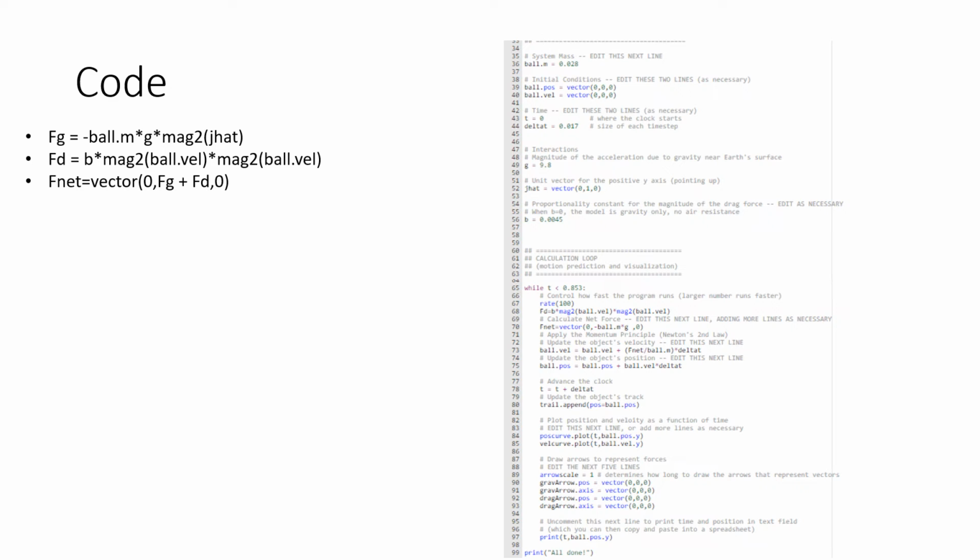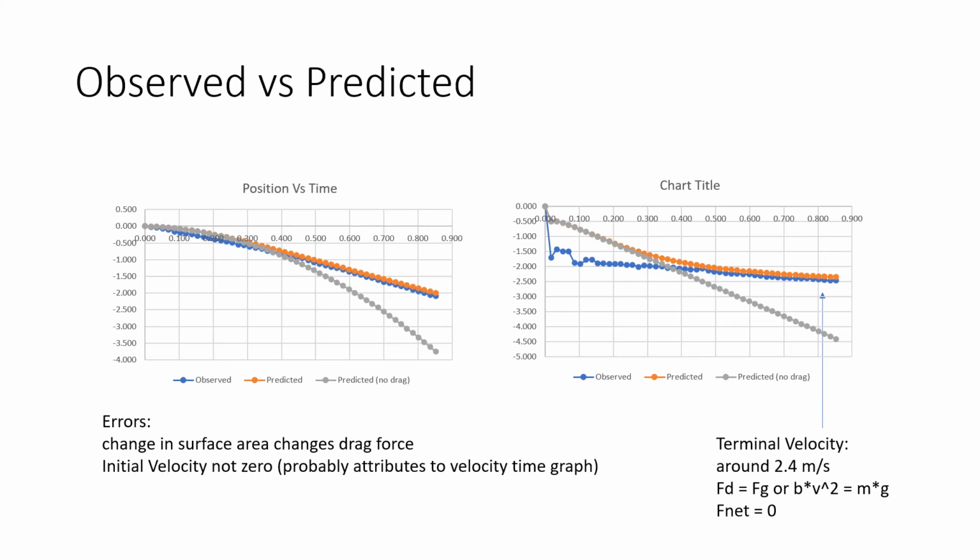And the FNet was combining those two together. And then we used the update formulas, both the position and velocity, to iterate the points through the code.